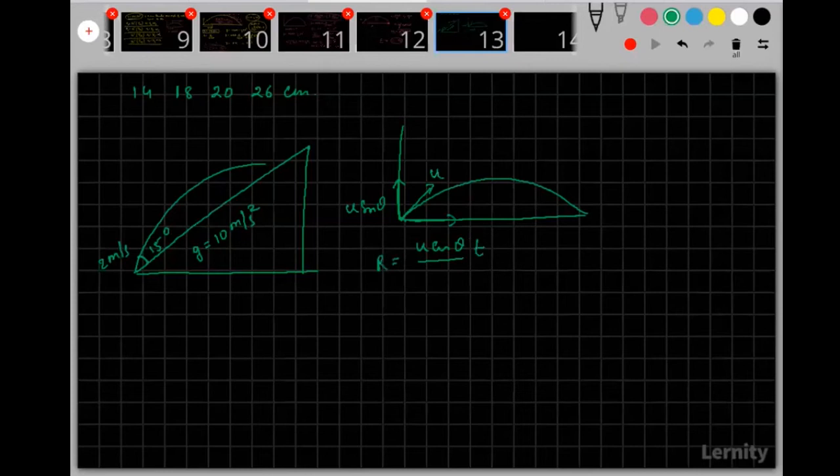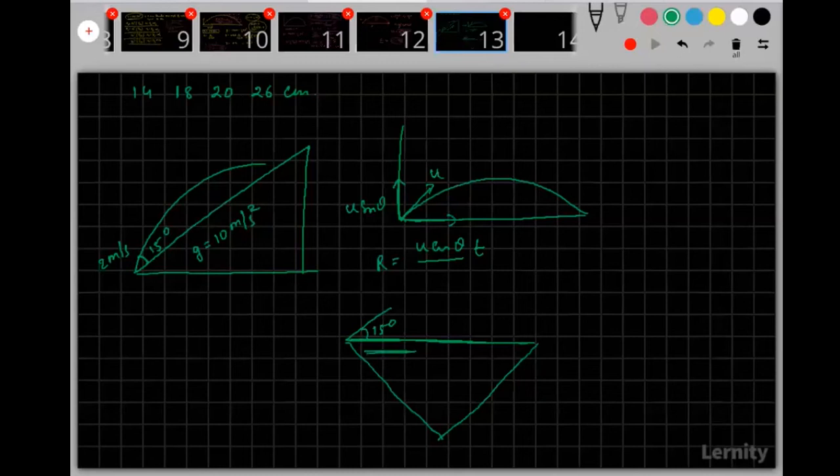Now the concepts remain the same. Even in this case, the only difference is that in this projectile, suppose you straighten it, you say this is the inclined plane, and it is projected at an angle 15 degrees. Now along the plane you have a deceleration.